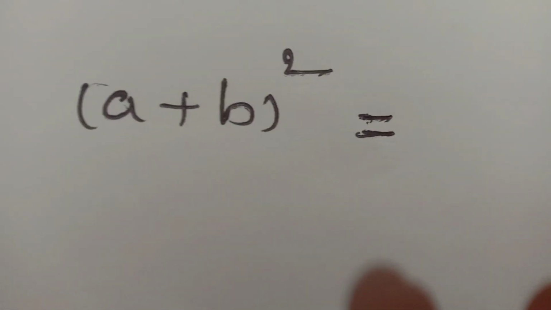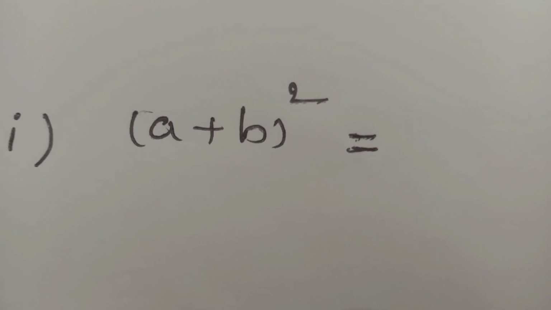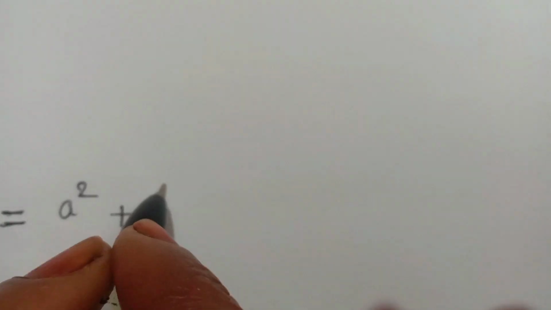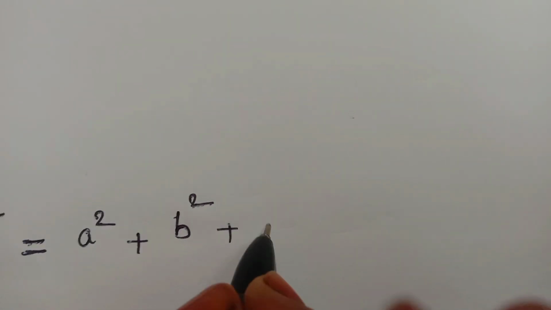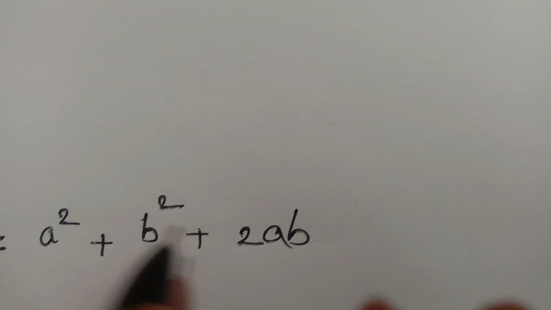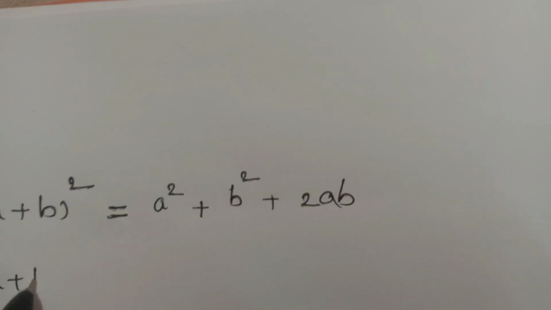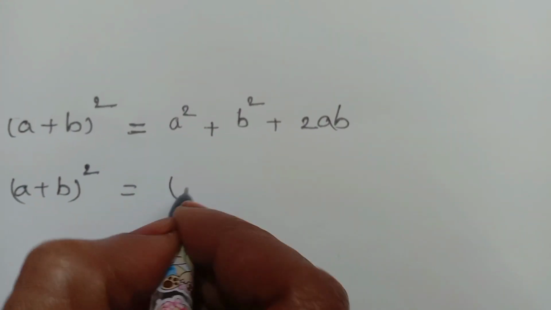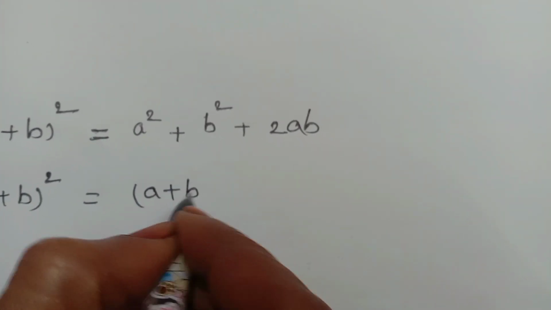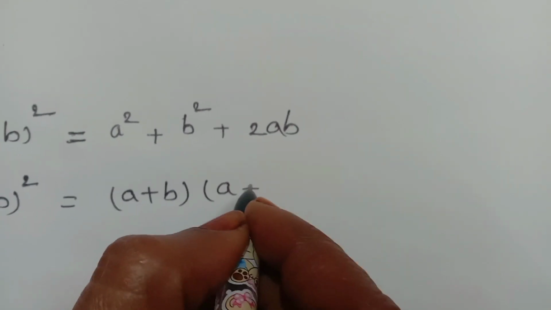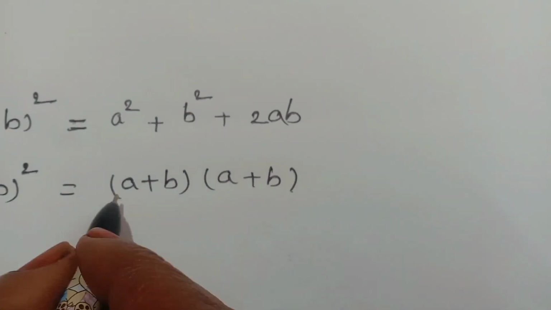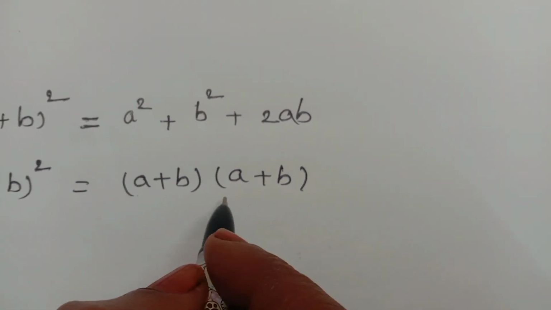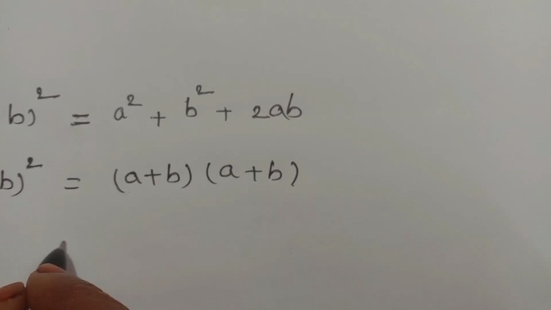First algebraic identity: (a + b) whole square is equal to a square plus b square plus 2ab. (a + b) whole square means (a + b) into (a + b), the multiplication, or product, of binomials.